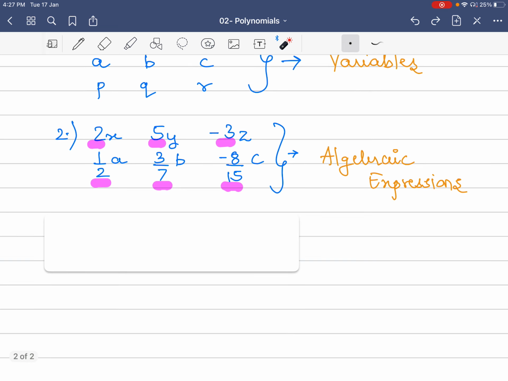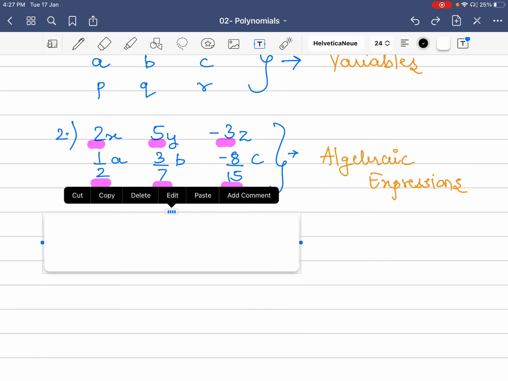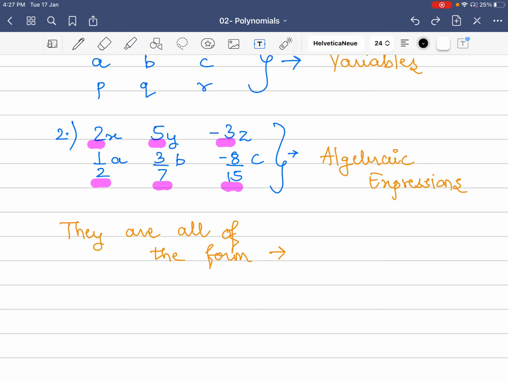Now, we can clearly see that these algebraic expressions have a definite form. Okay. All these algebraic expressions are of a form, and that form is nothing but, I'm going to write here, some constant value multiplied by some variable. So in fact we can say that this is the definition of an algebraic expression.